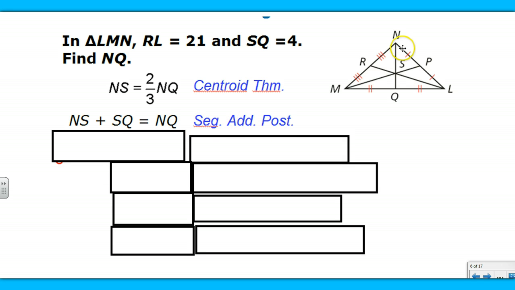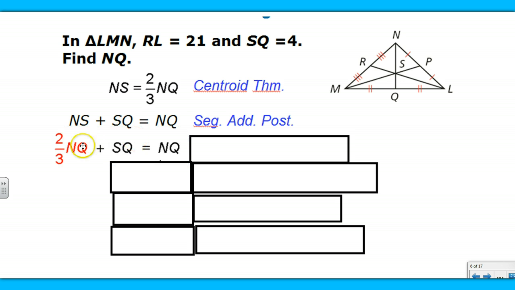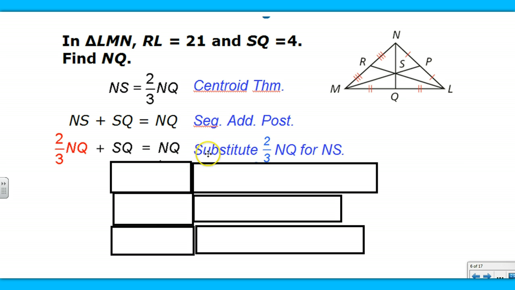We're adding segments that make up the larger segment, and so we are now going to substitute what we know up here. We know that NS is 2/3 of NQ, so we can plug that in, plus SQ equals NQ, and that's simply substitution.